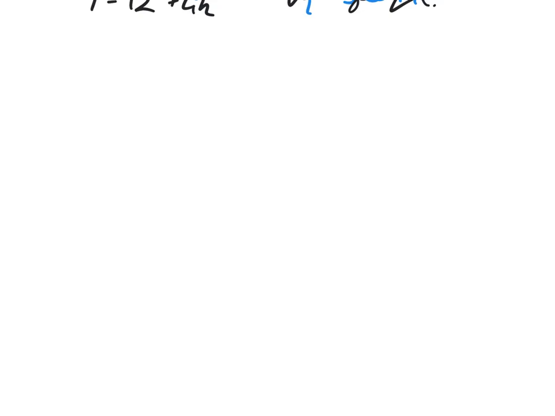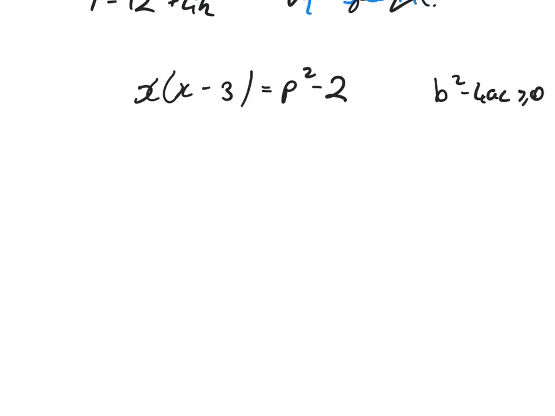Okay, let's try one more. So, show that x(x minus 3) is equal to p squared minus 2 has real roots if p is real. So again, the condition for real roots is that we can package the discriminant up to show that it's always greater than or equal to 0.